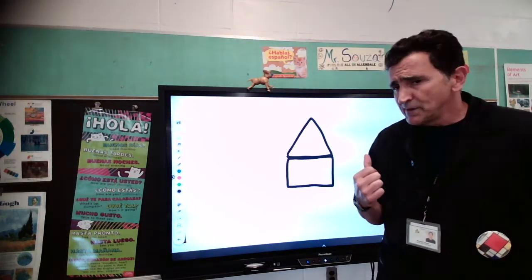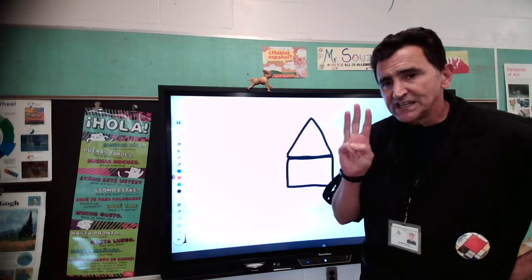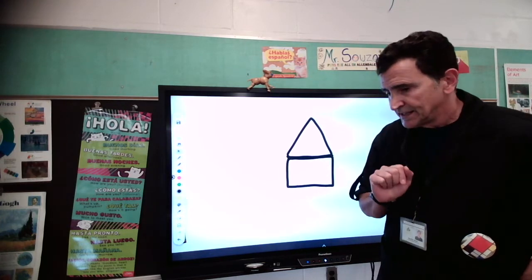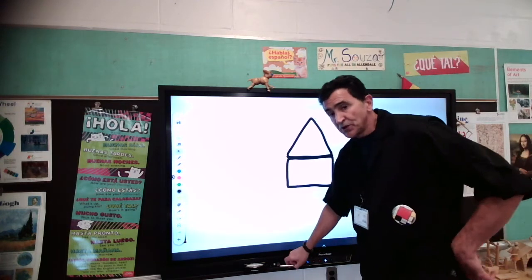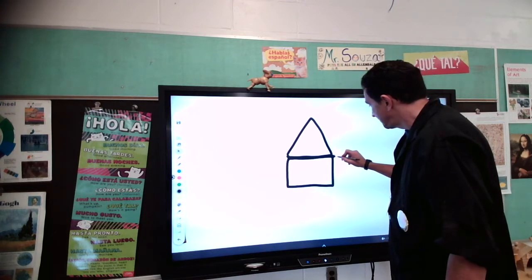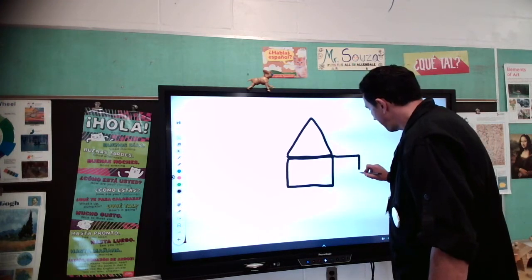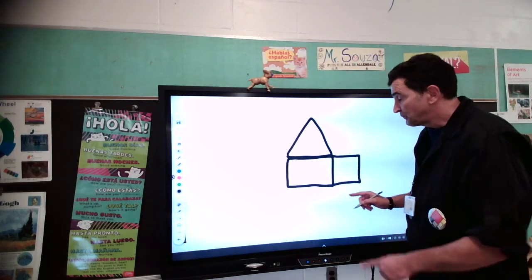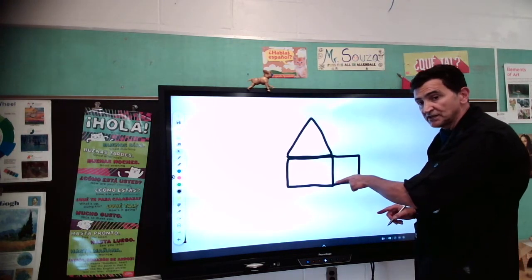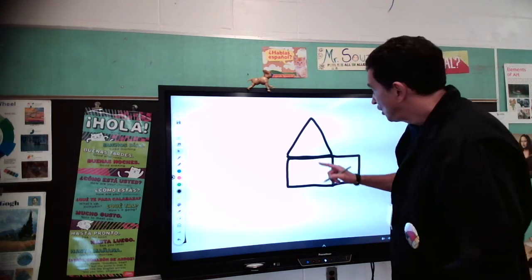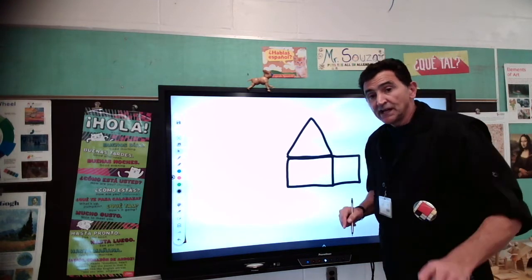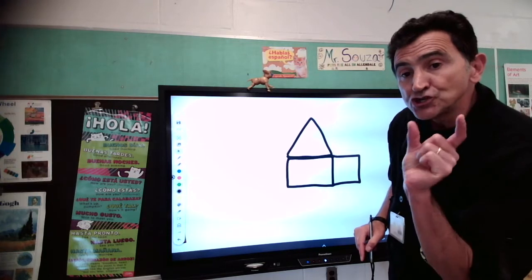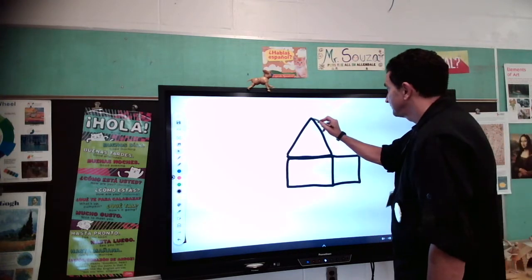So how can I make this house 3D? Look at that. If I put another rectangle here, see? I put another rectangle here. And then on the top here, I put a line, but a very short line.